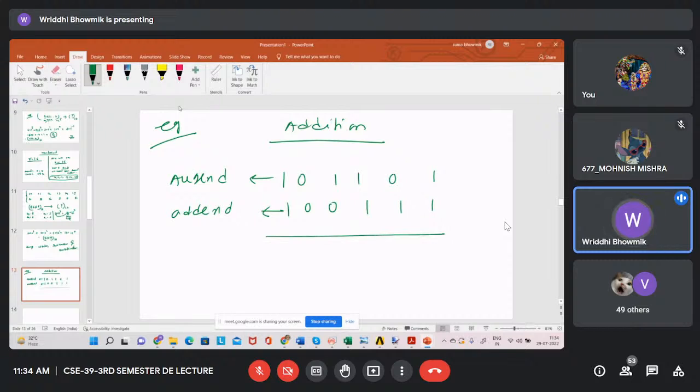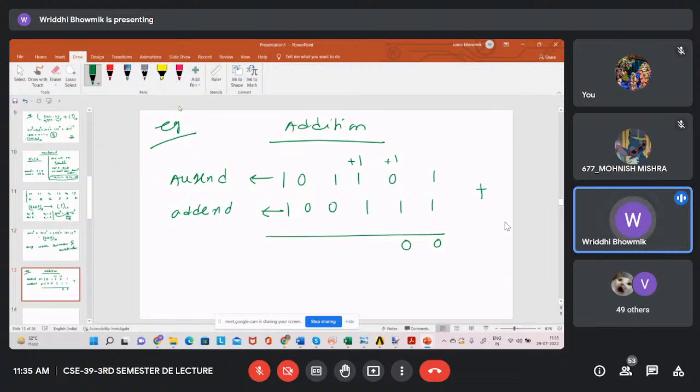Now you will do the addition. So when you add these two 1s, the sum will be 0 and you will have a carry, and that carry will be added to the next higher position. Then again you have 1 and 1, so this sum will be 0. Then again you have a carry, so you have 3 ones right now.